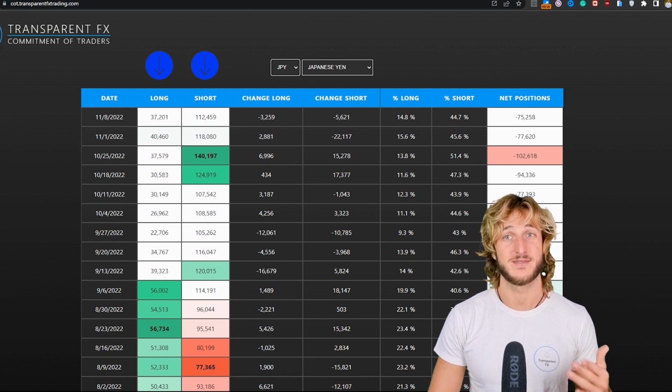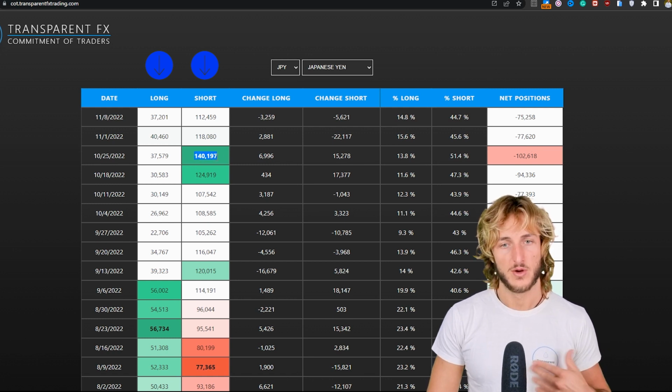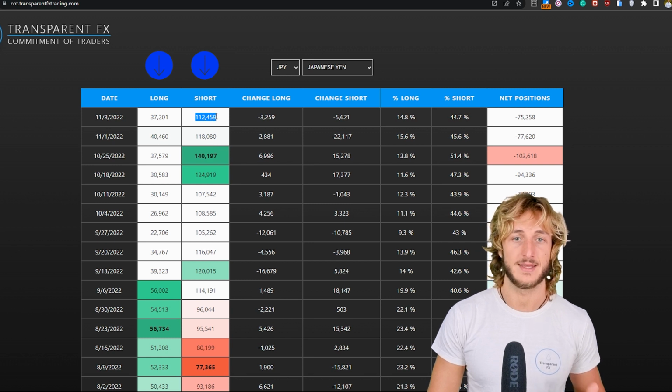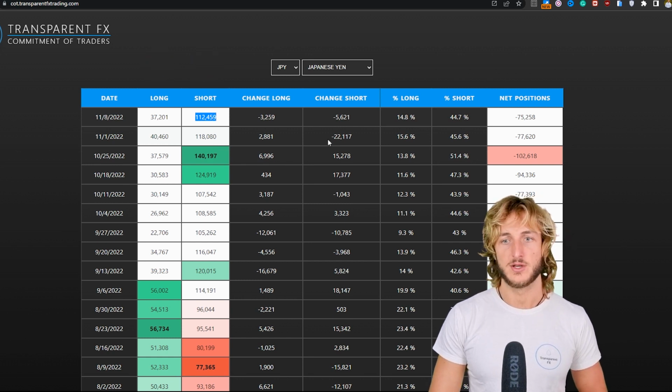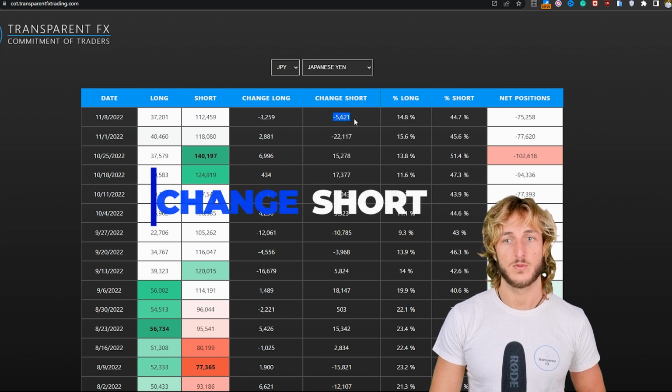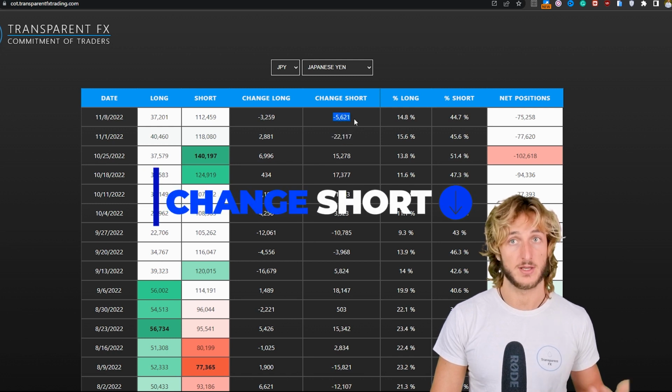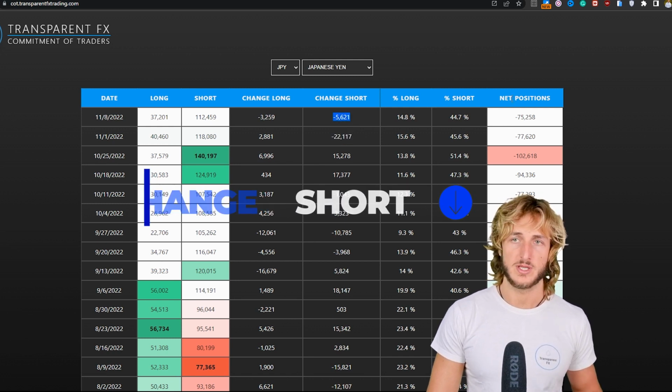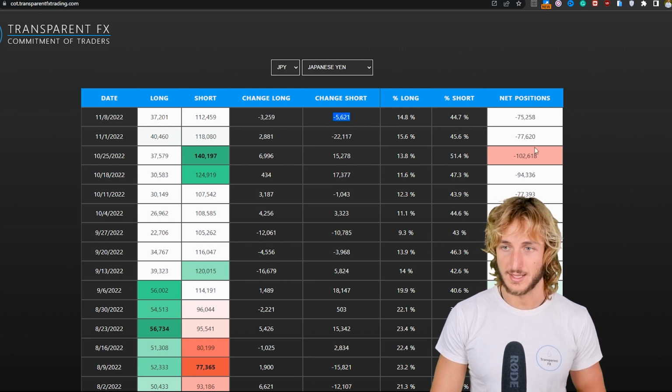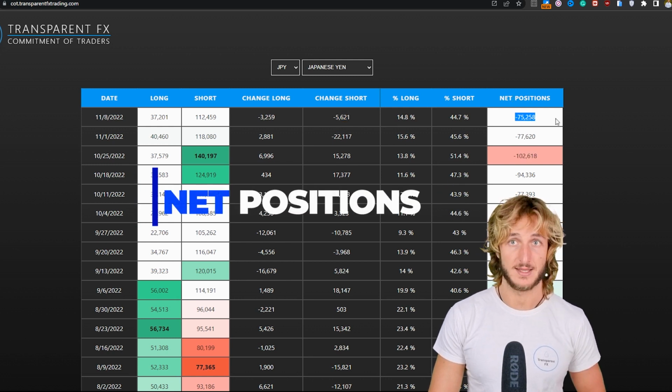In this case, we had a massive decrease in shorts, specifically from 140K to 112K. We can see here 22K shorts getting closed, minus 5K shorts getting closed. So by simplifying and just looking at the net positions, we see net positions getting increased.